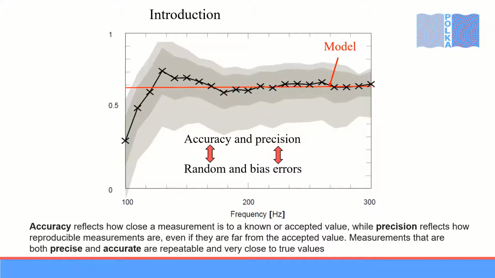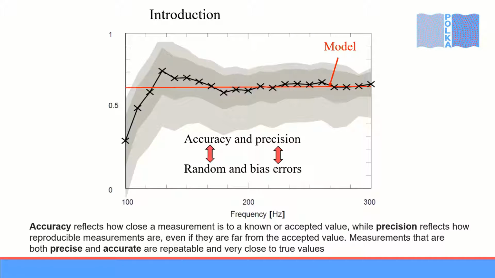And this also then relates to accuracy and precision. So accuracy being how close the measurement is to a known or accepted value. Basically, in this case, how close we are to the red line in our measurements. And precision, how close we would be if we repeat the measurements, how close we would be to getting the same result again.